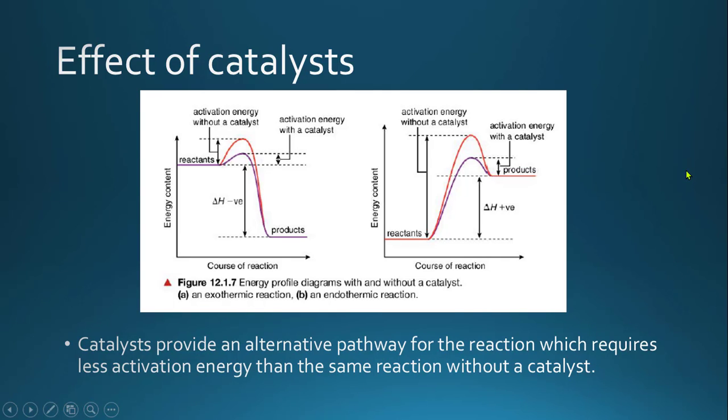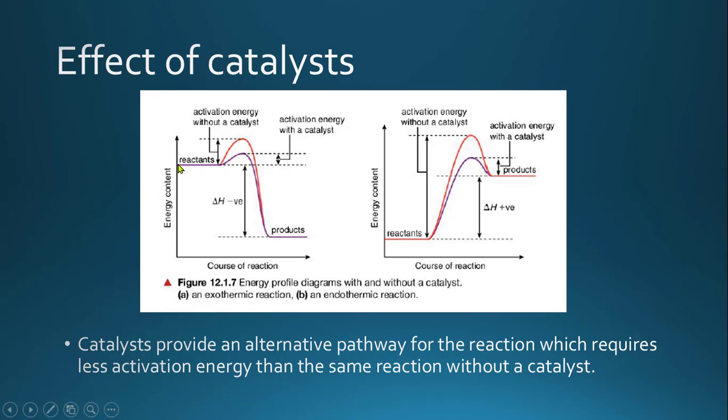So in our last topic, rates, we learned that a catalyst increases the rate of a reaction by giving the reactants a lower activation energy. All right, so in terms of energy, the catalyst provides an alternative pathway for the reaction which requires less activation energy than without a catalyst.